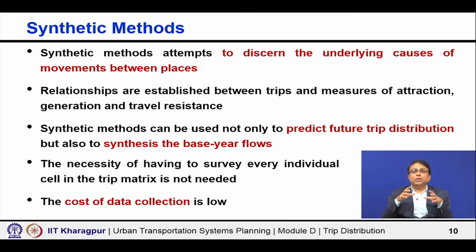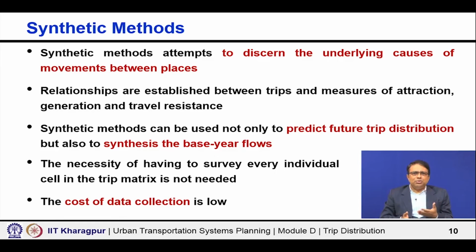Then the travel impedance is also not the same. Whether you take travel time or travel cost, this impedance is not the same. So all these things are happening, and the synthetic models attempt to consider these underlying causes while trying to model the trip distribution values.